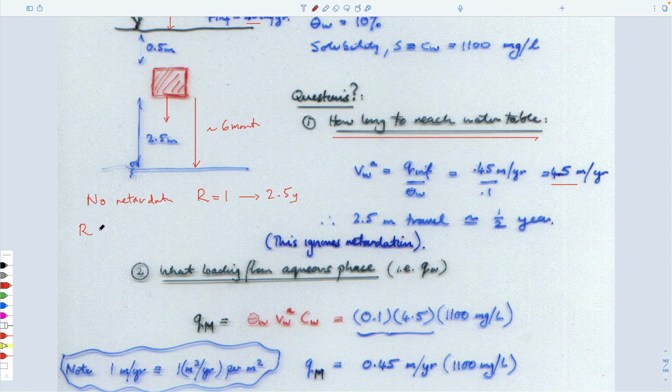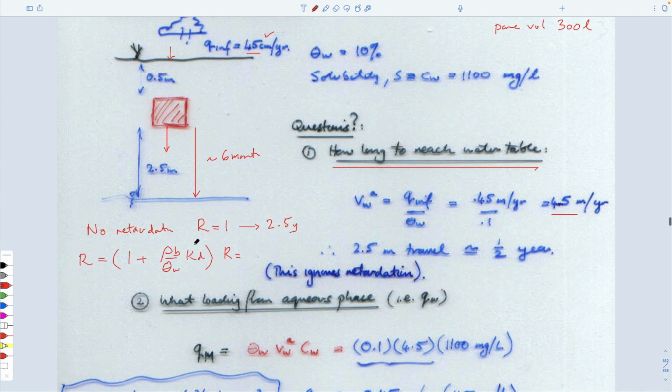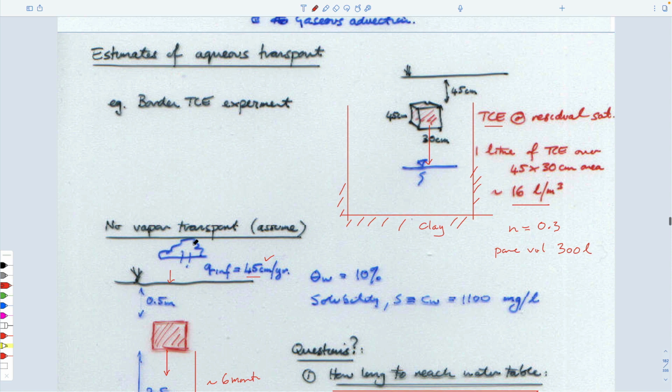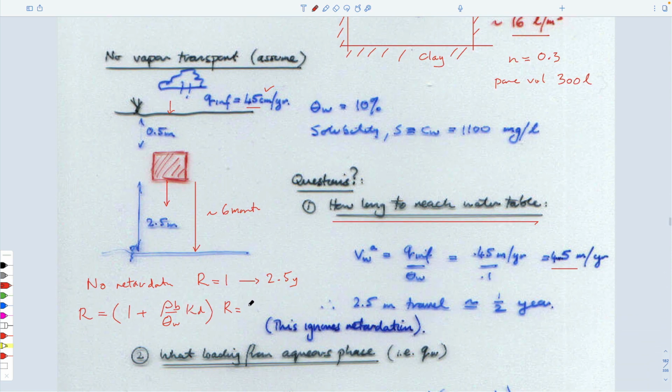But the retardation is really equal to 1 plus density over volumetric moisture content multiplied by KD. And I don't know what those terms are, but if we wanted to calculate that, actually, we probably have these data for Borden from our previous one. We certainly have them from carbon tetrachloride. Didn't we also have it for TCE? I thought we did. I thought actually retardation, if we use the Borden aquifer results, was something like 4.8.